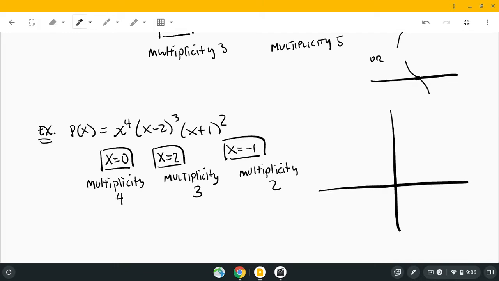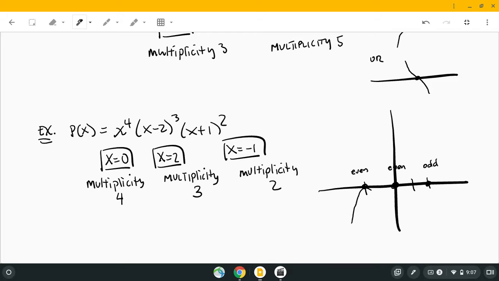All right, so 0, 2 and negative 1 all get sparkles. Negative 1 is even. 0 is even. And 2 is odd. And so it ends up doing this.